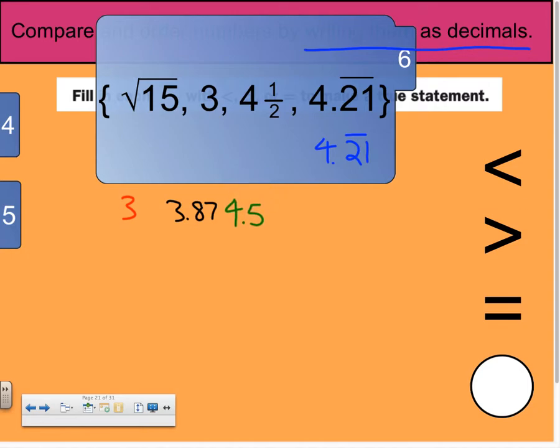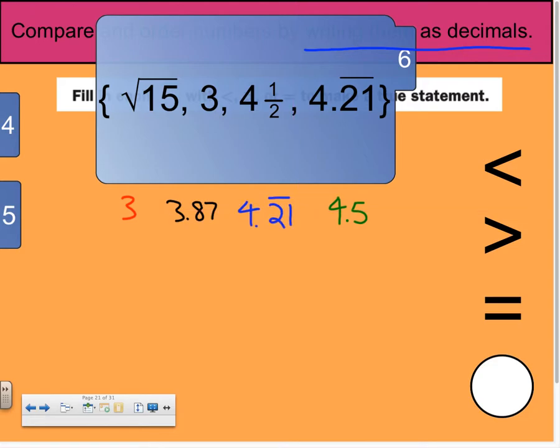Yes. So 4.5, 4.5 is bigger than 4.2? No, just because a number is repeating doesn't mean it's bigger, okay? So this is still the biggest number, and this one would be right here, okay?